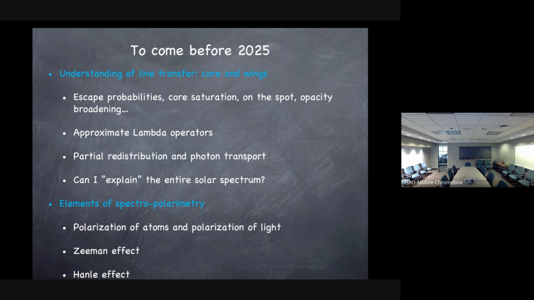And what I mean by that is I'm going to assume that the particles are all thermalized, so the ion temperatures and the electron temperatures are the same. They're all Maxwell-Boltzmann. The neutral particles are the same, and we're going to take a look at an average 1D radiative model of the sun, which doesn't exist in reality.